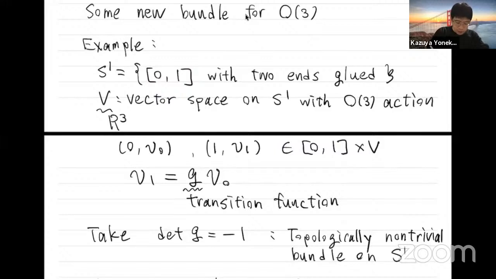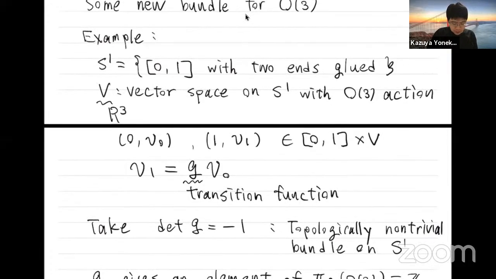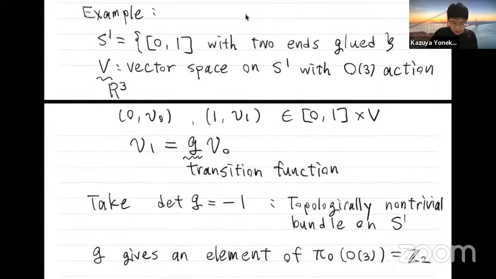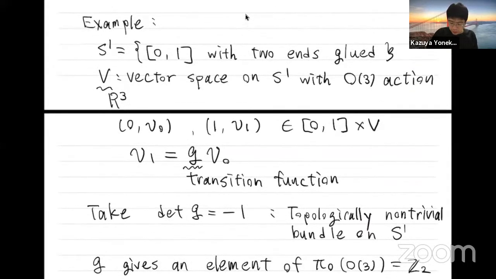So let's consider some vector space on which O3 acts. And then we can construct a non-trivial fiber bundle in the following way. First, we consider this interval times this vector space.